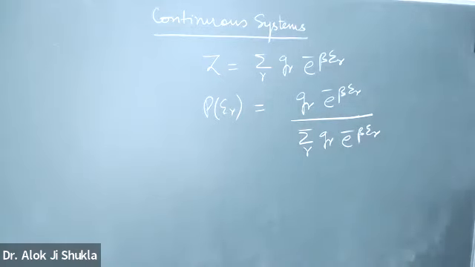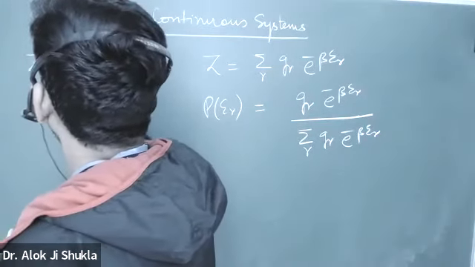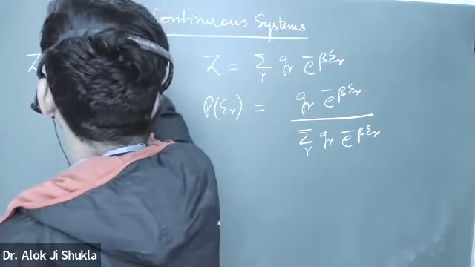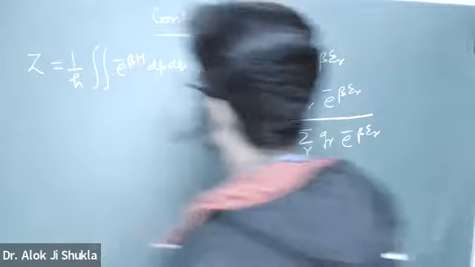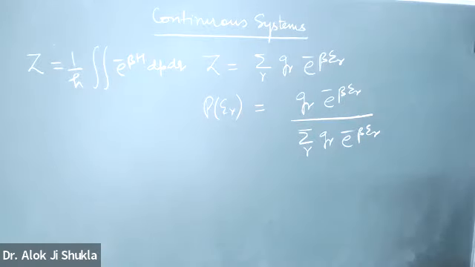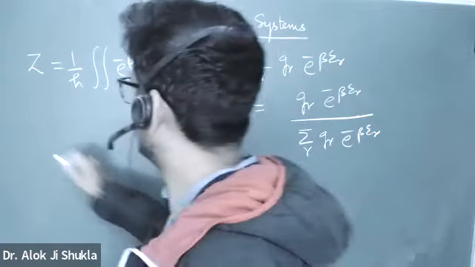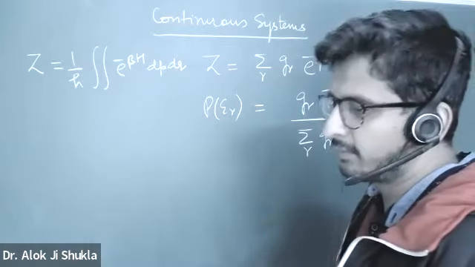So similarly, in the case of continuous systems, like if Z is 1 by h integral e to the power minus beta E dp dq, it is like this. The partition function is like this. So the probability, if you want to write, suppose, or you want to calculate any average value, suppose you want to get the probability.